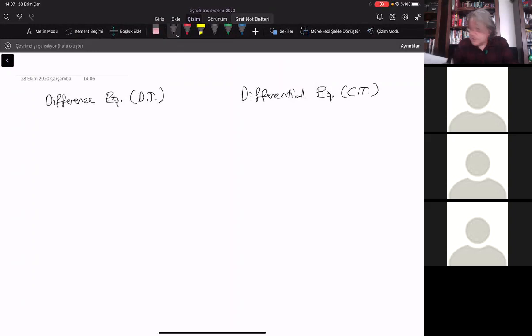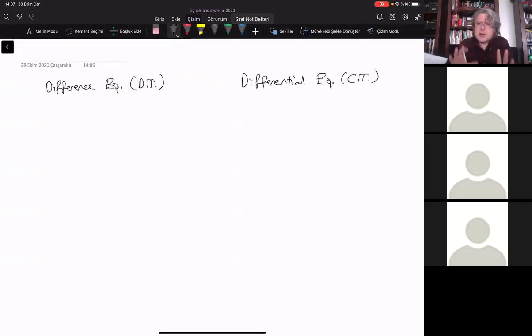The difference equation, we will immediately start with examples, because if we just generalize the difference equations from the beginning, it will be too complicated. So let's start with smaller examples. The difference equations are the equations that formulate linear and time invariant discrete time systems.